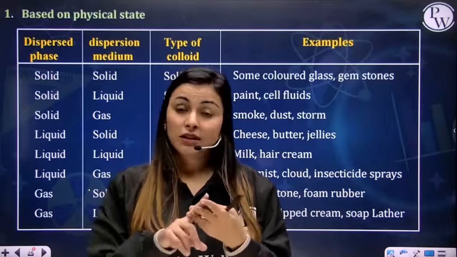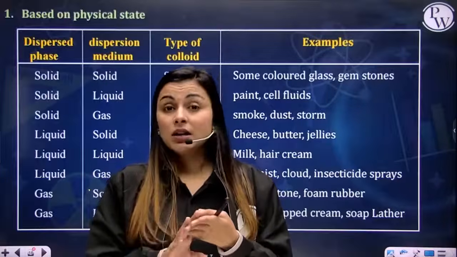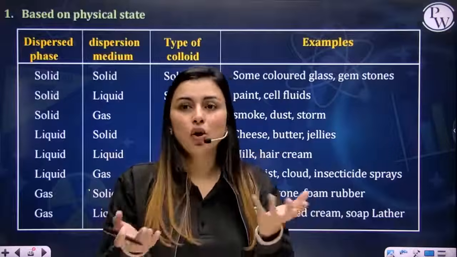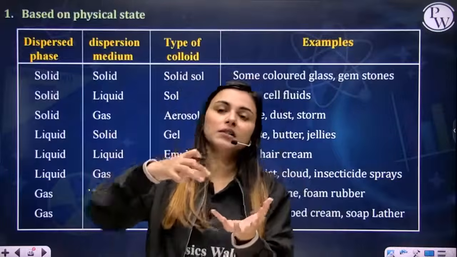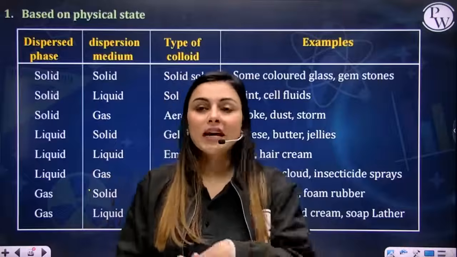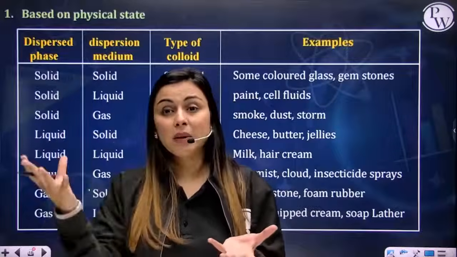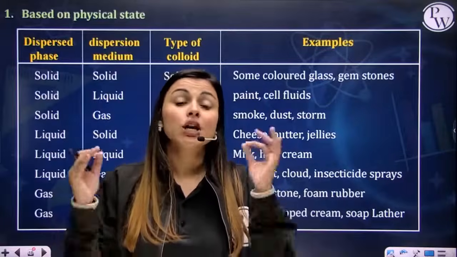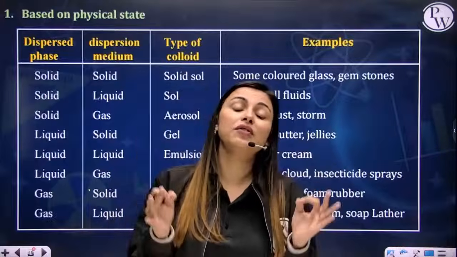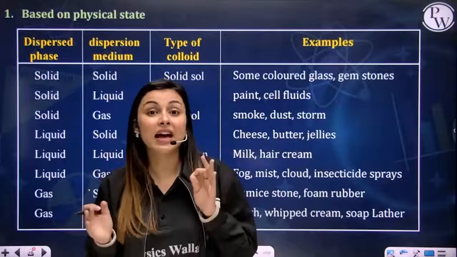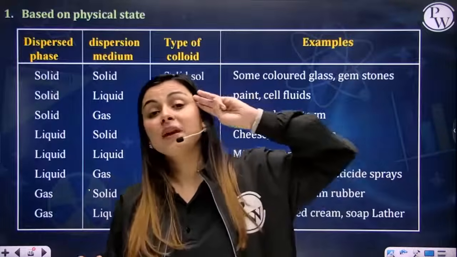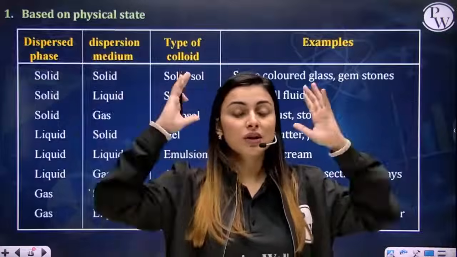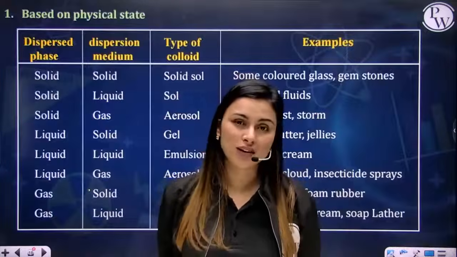Either the container or the medium in which the other substance will be mixed can have 3 different states, and the part which is getting mixed can also be of these 3 states. So 3 into 3, total 9 possible different types of colloids you can have, right?